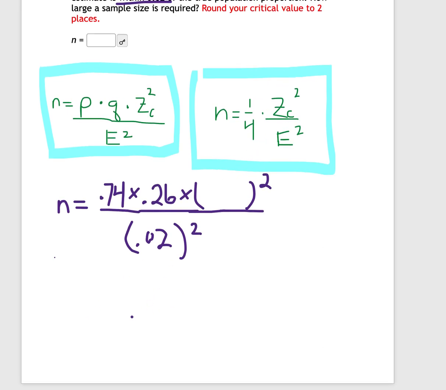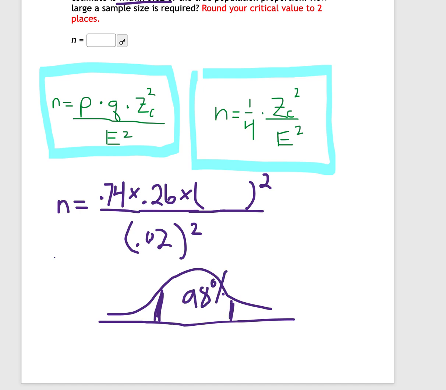Now, to find our Z critical, we use our confidence level, and this problem told us that we're 98% confident. So in the center, we want 98% of the data to fall in this interval. So we're trying to find the cutoff points each side here to give us our Z critical.